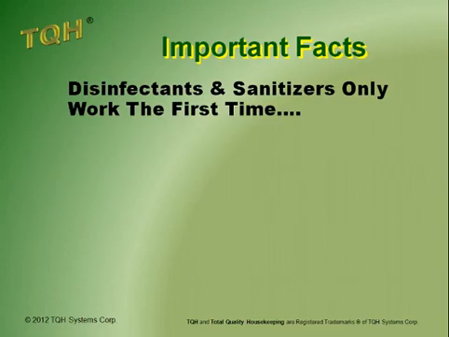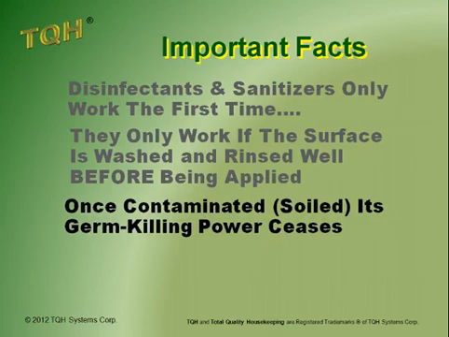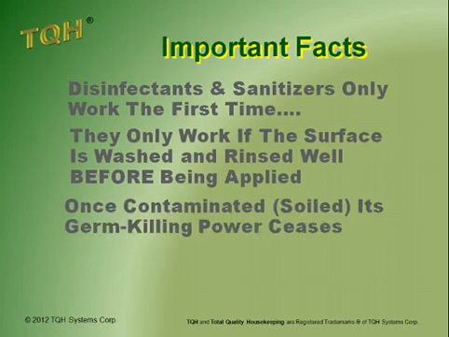Disinfectants and sanitizers only work the first time. They only work if the surface is washed and rinsed well before the sanitizer or disinfectant is applied. But once the surface is contaminated with soil, the germ killing power ceases.